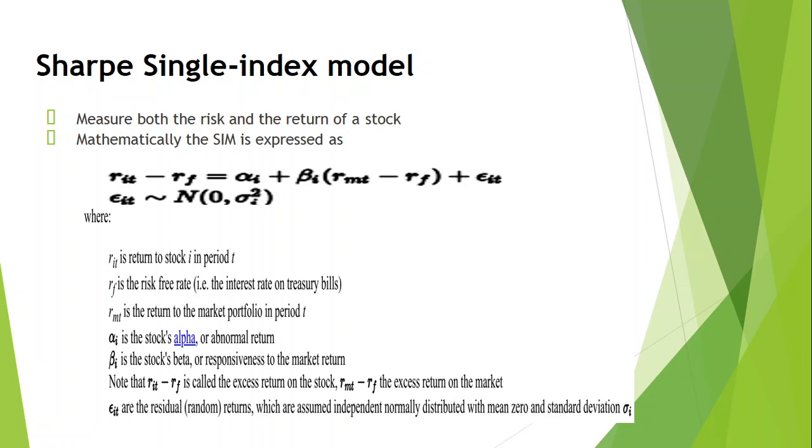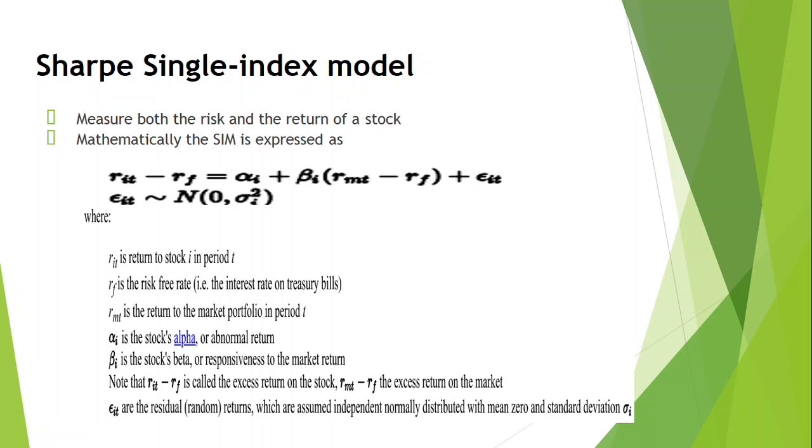RMT is the return to the market portfolio in period T. AI is the stock's alpha or abnormal return. BI is the stock's beta or responsiveness to the market return. It is important to note that RIT minus RF is called the excess return on the stock, and RMT minus RF is the excess return on the market.